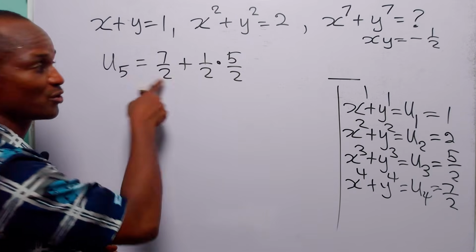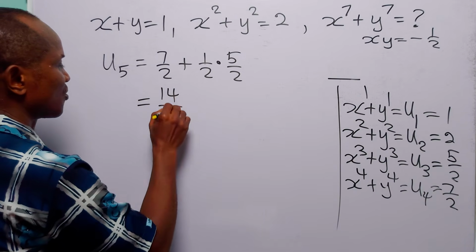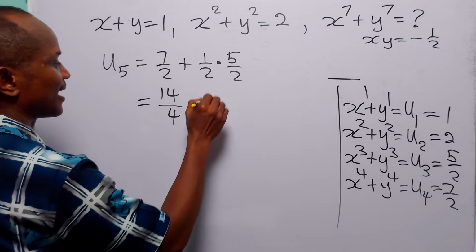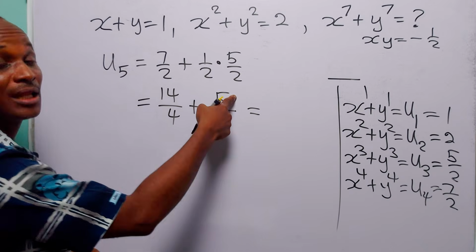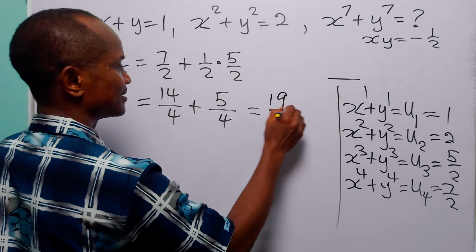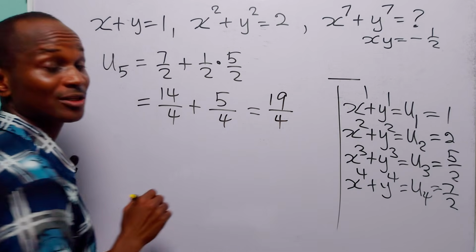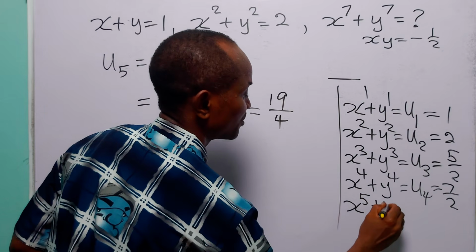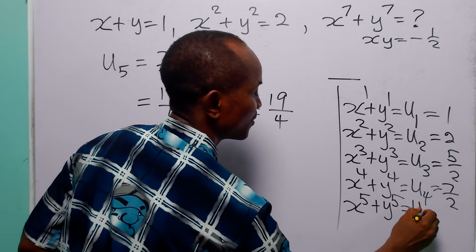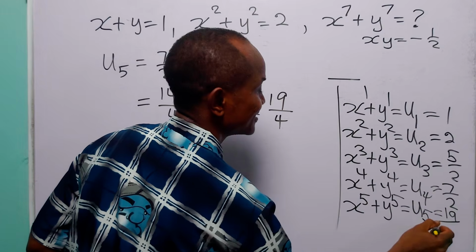Now we can write 7 over 2 as 14 over 4. Then here we have 5 over 2 times 2 is 4. 14 plus 5 is 19. And we have the common denominator, which is 4. X raised to power 5 plus y raised to power 5 is equal to u sub 5, which is 19 over 4.